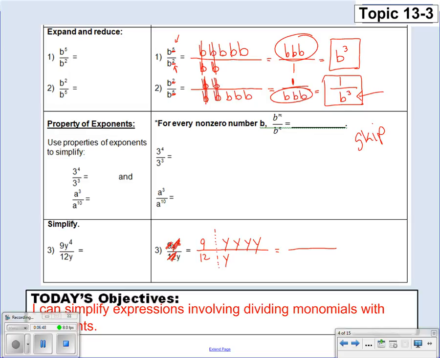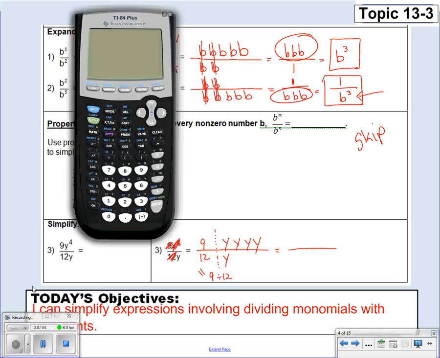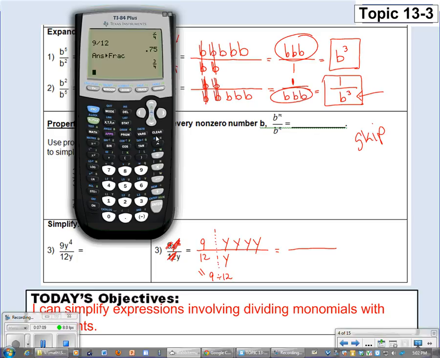Second step, we're going to simplify. So I'm going to use my calculator to help me simplify this 9 over 12. Because 9 over 12 is just another way of saying 9 divided by 12. So take out your calculators. And with your calculators, we're going to use our calculator in order to simplify that fraction.